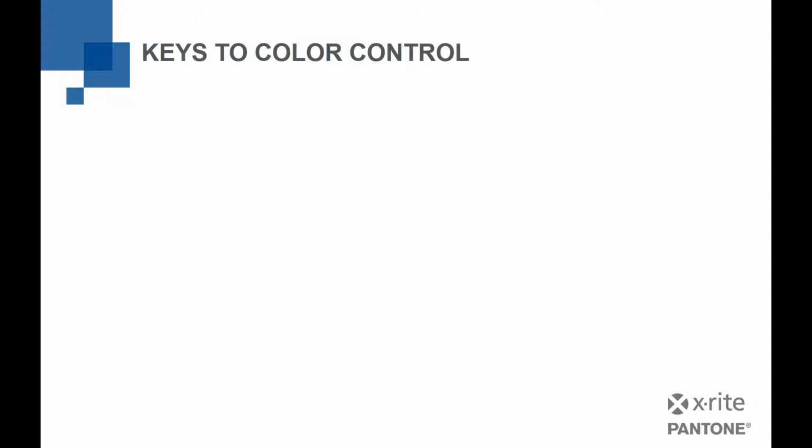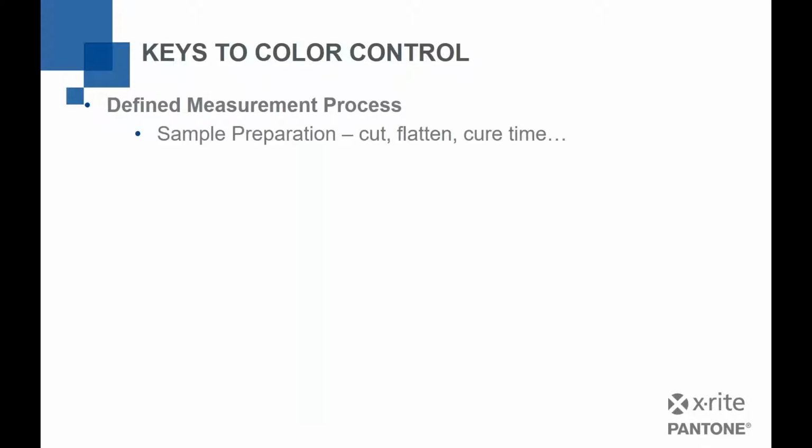Now, when it comes to the actual measurement, it's really, really critical that we have a defined measurement process. So the preparation of the sample: do we need to cut something in order to measure it? Do we need to flatten something? If we're talking about measuring something like cement, do we need to make sure it's cured for X amount of time?